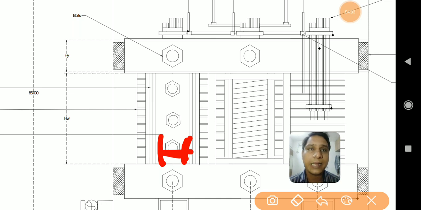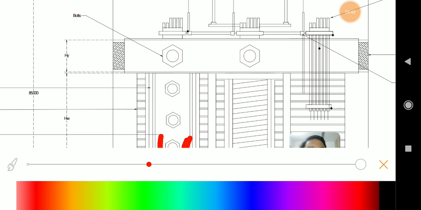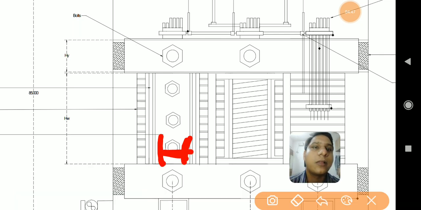After the LV winding, again insulation and then the HV winding. You may not be easily identifying it, but if you look at the diagram carefully, you can find it very easy to identify with the representation present here. The representation is showing, first of all, this much part, which is a limb.